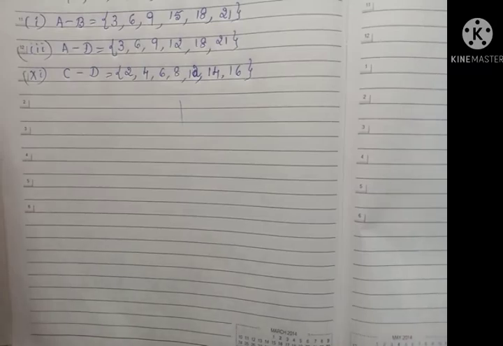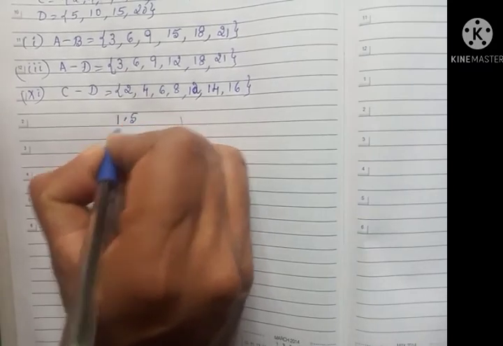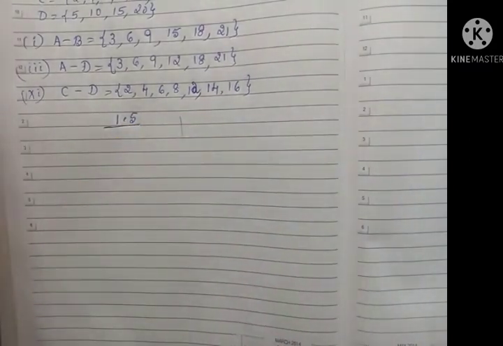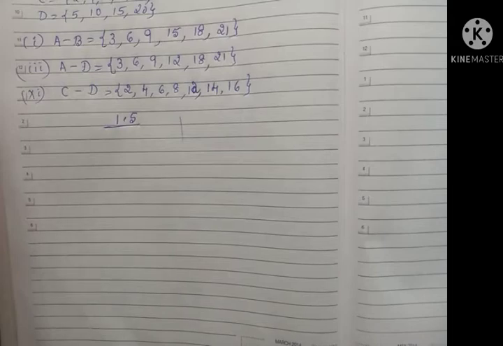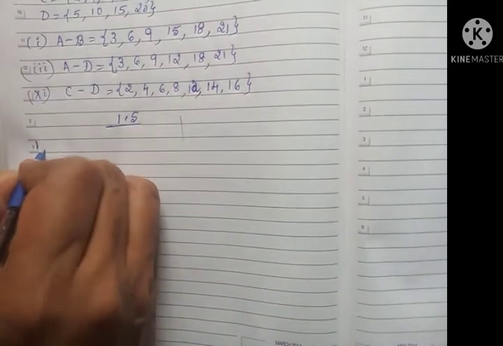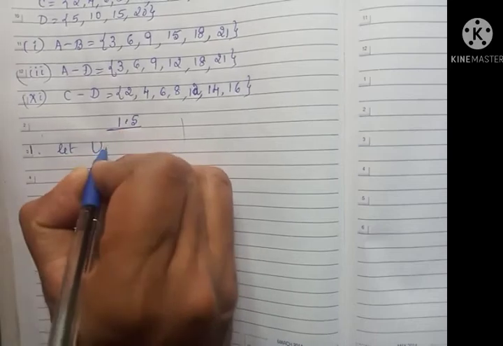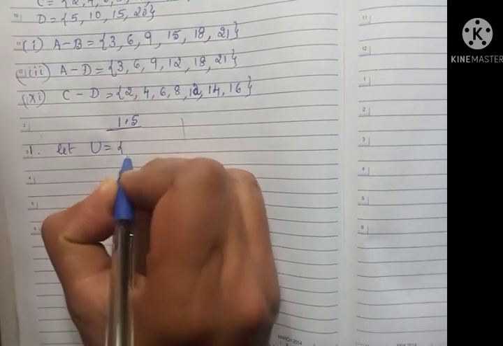Now I'll move to the next exercise, exercise 1.5. So here you'll get the questions for complement. In the first question, to find the complement you should know what the universal set is.